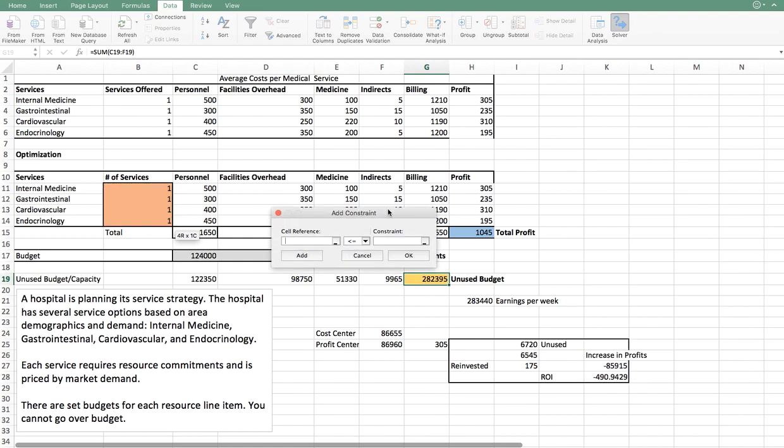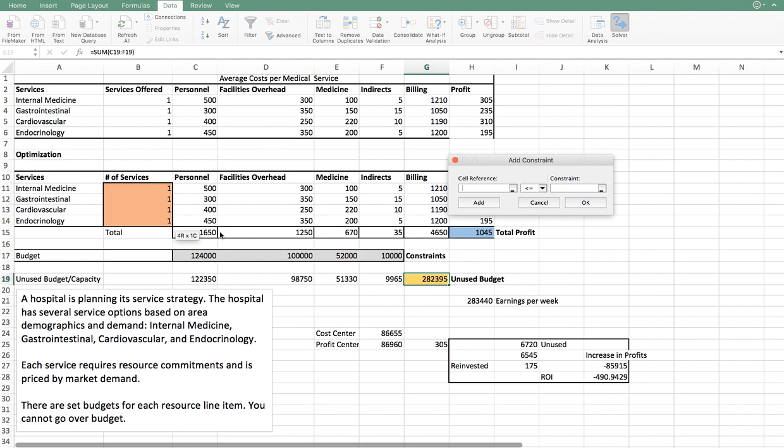The first constraint, and a very important one, is the very fact that whatever we end up using, these are the costs that we have, must be less than or equal to the allocated budget for each of them. Now, of course, I could have done it separately: C15 should be less than C17, D15 should be less than D17, E15 should be less than E17, and F15 ought to be less than F17.